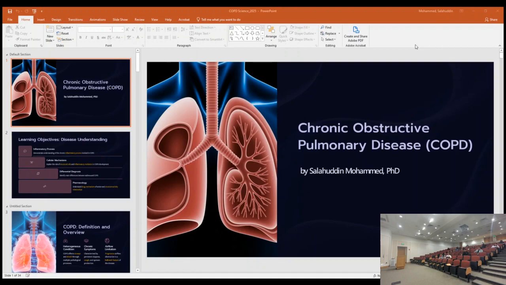Less new oxygen means more carbon dioxide, and hypoxemia and hypercapnia. So it's also speaking the same thing. Moving forward, the knowledge check on your residual volume. Which of the following best explains why residual volume increases in patients with COPD?